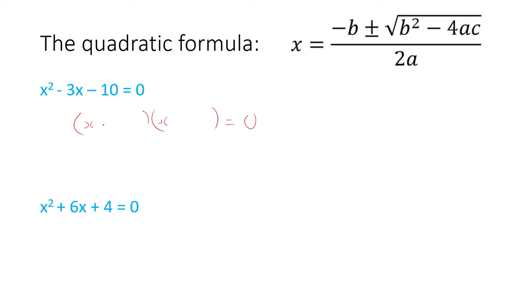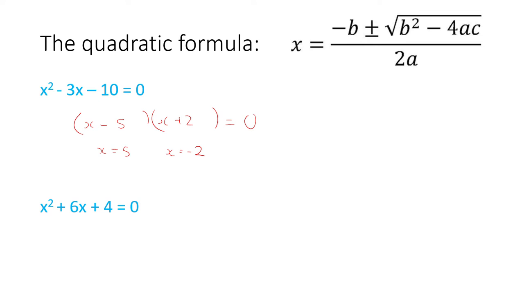So you'd go for minus 5 and plus 2 here, and that would give you the two solutions of x equals positive 5 and x equals negative 2. So using factorization is fine in that example.